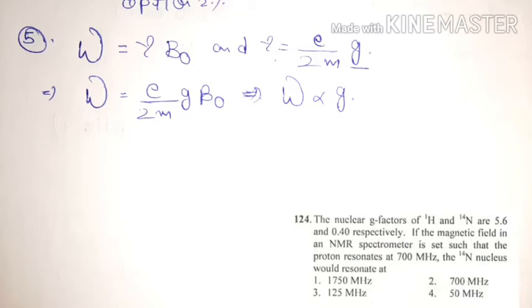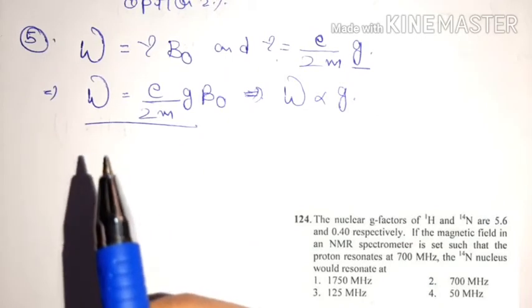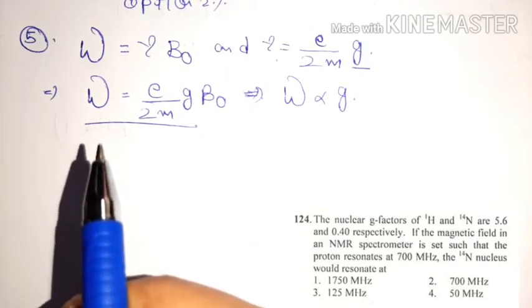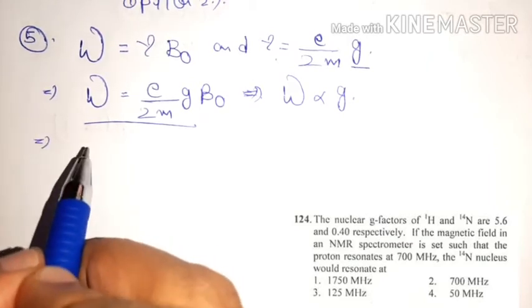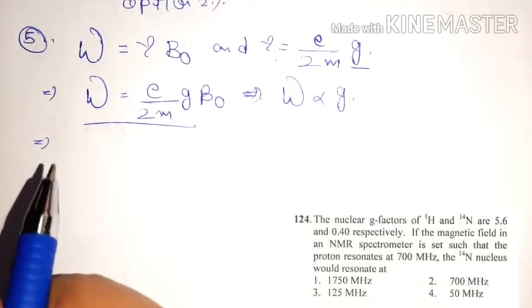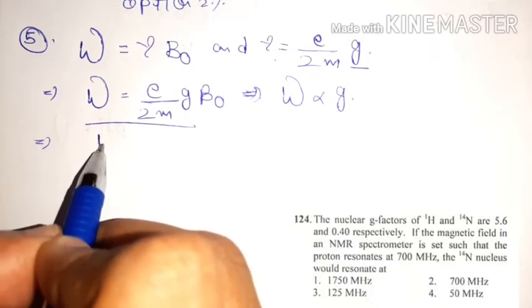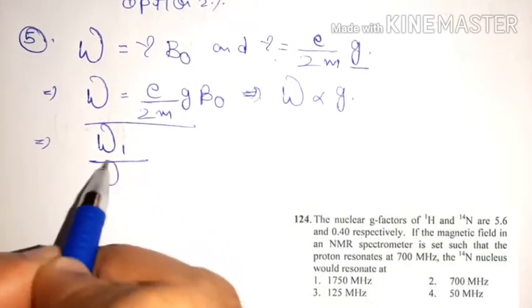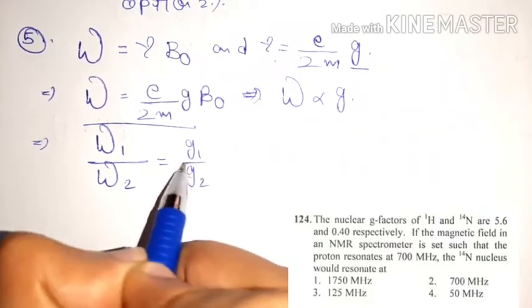So the resonating frequency is directly proportional to the nuclear G factor. When we have two values of omega and G, this can be written as omega 1 upon omega 2 is equal to G1 upon G2. Understand?